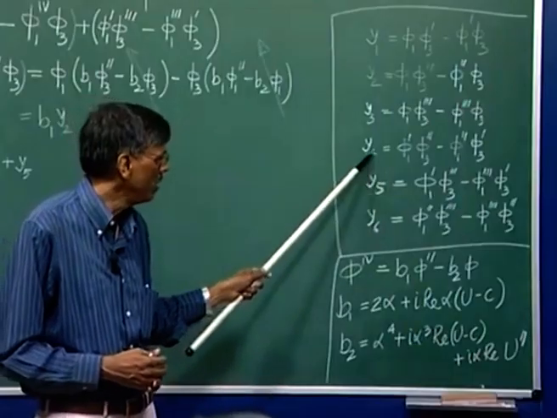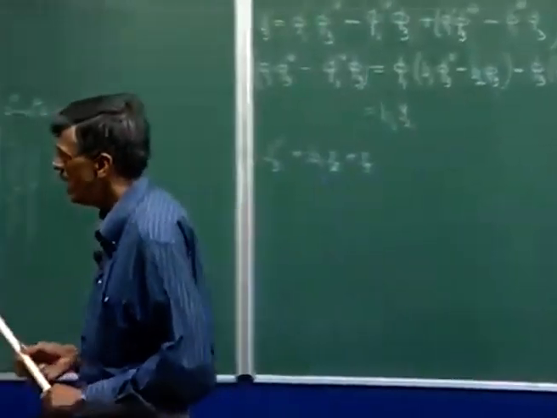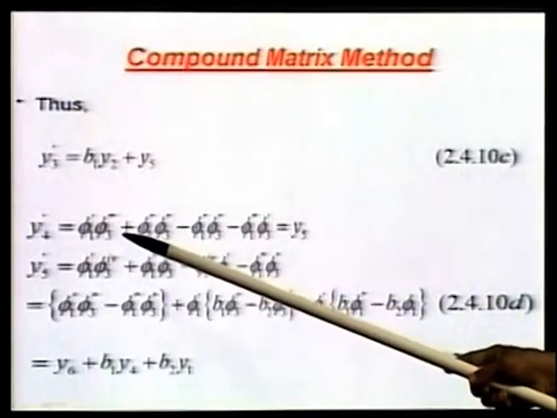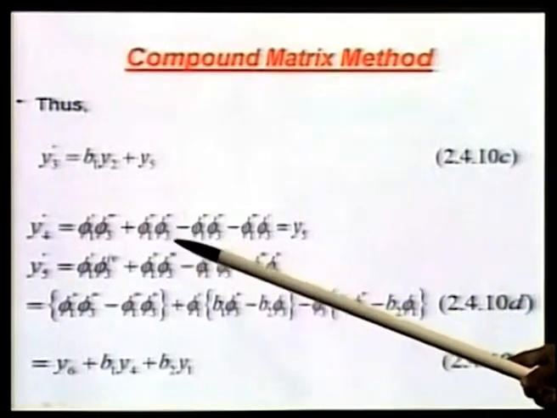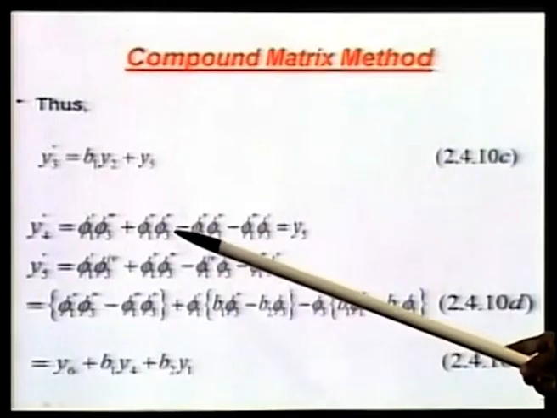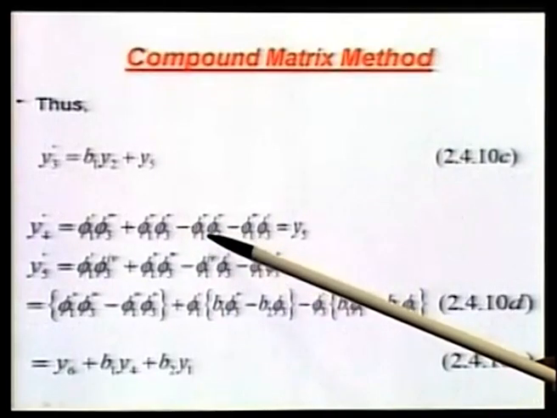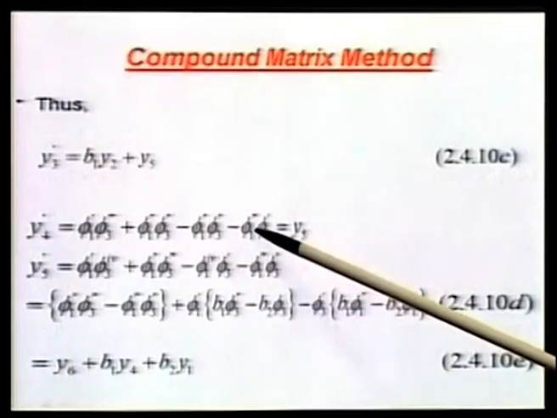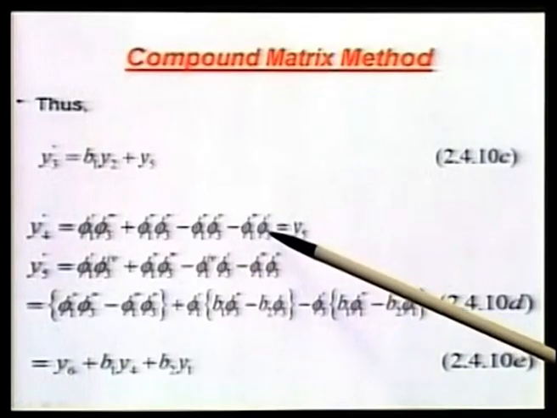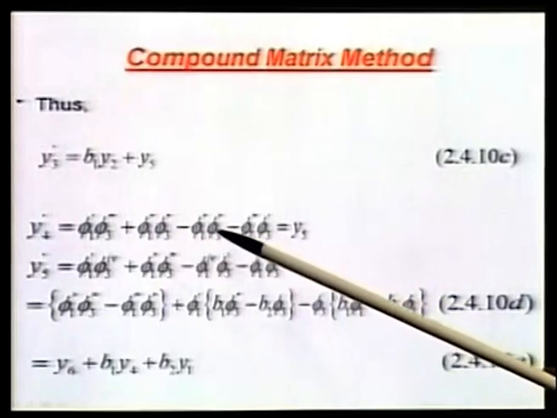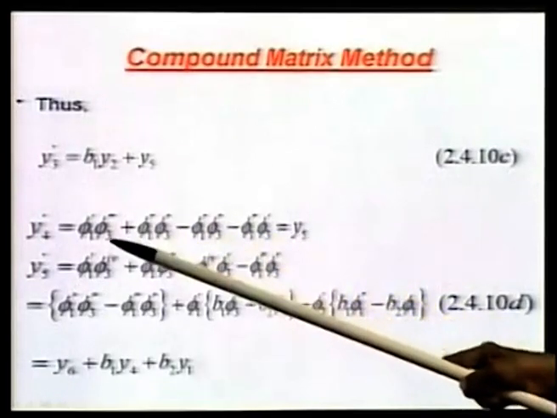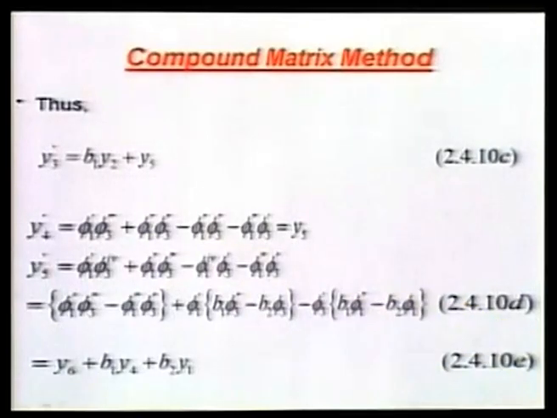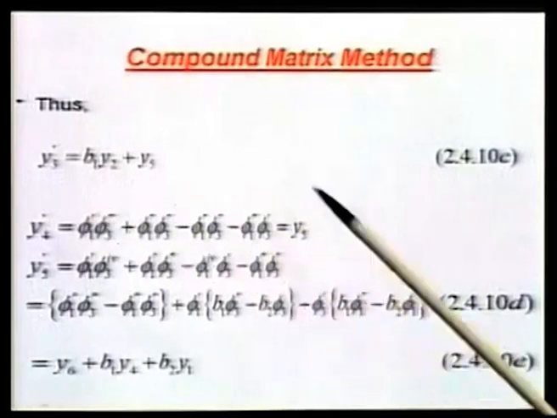You can directly differentiate, and that is what you get. That is what is written here, phi 1 prime times phi 3 triple prime and phi 1 double prime phi 3 double prime minus phi 1 double prime phi 3 double prime minus phi 1 triple prime times phi 3 prime, and these two again cancel, you can easily see, and this constitutes y 5. So, that we have seen. So, y 4 prime is equal to y 5.